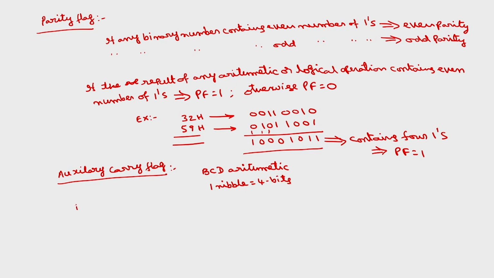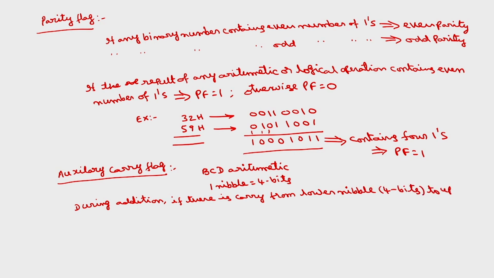So, during addition, if there is a carry from the lower nibble, the lower 4 bits, to the upper nibble, the auxiliary carry flag will be set; if there is no carry out of the lower nibble, it is reset.